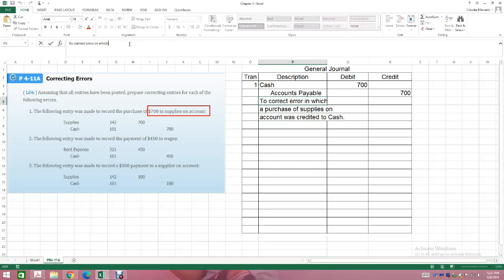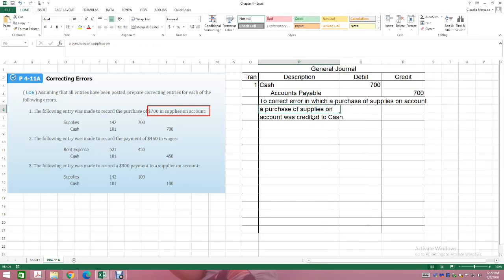To correct error in which a purchase of supplies on account was credited to cash. There we go. That's a description.